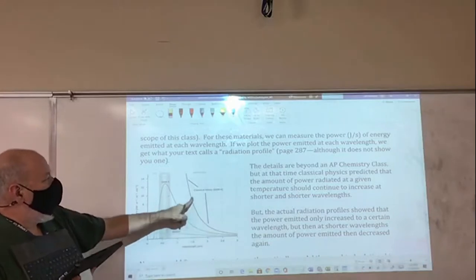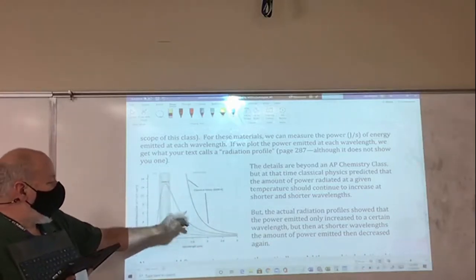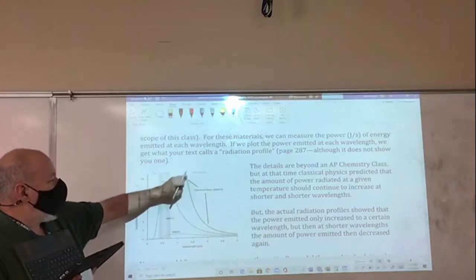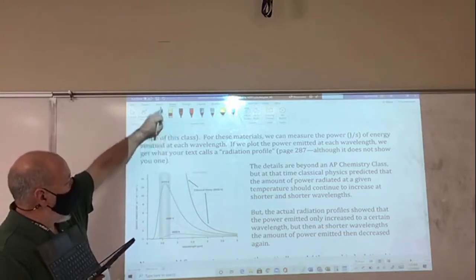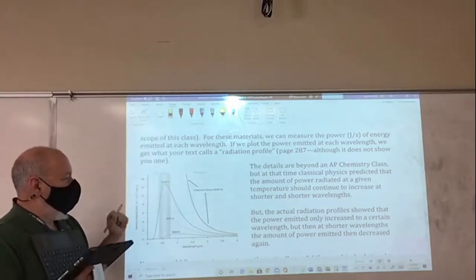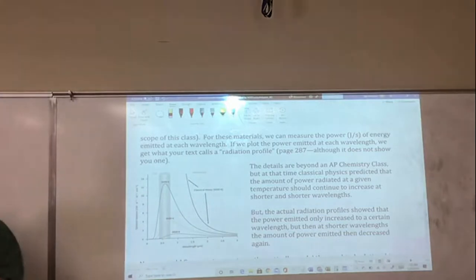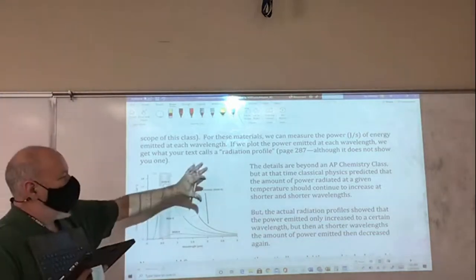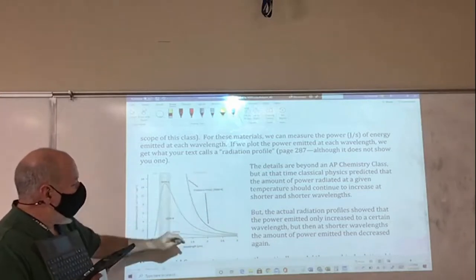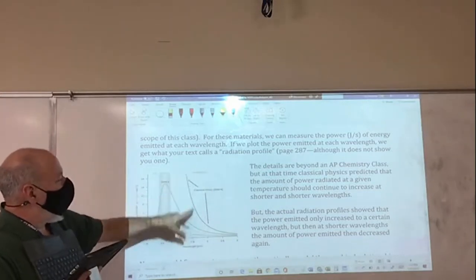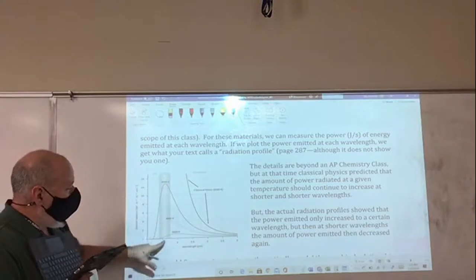They thought that what we should see as far as wavelengths of light goes should just increase indefinitely. That's what classical physics predicted. And again, you don't need to know why it predicted that or anything. Just understand that classical physics predicted something other than what we saw.